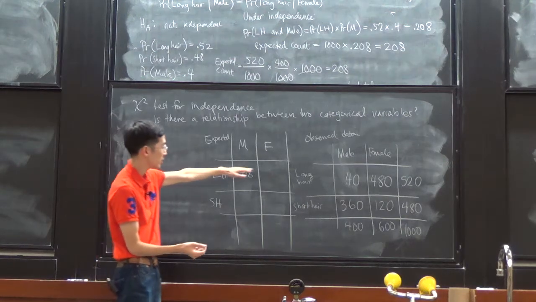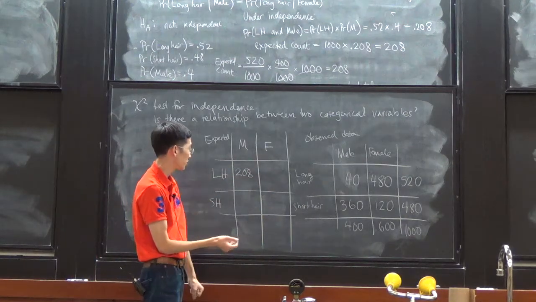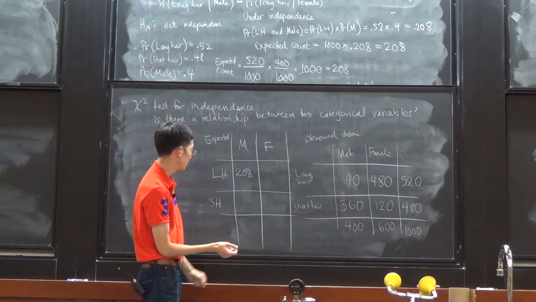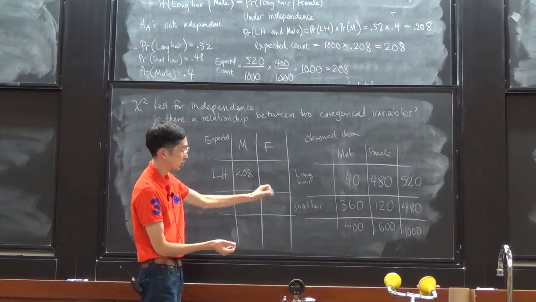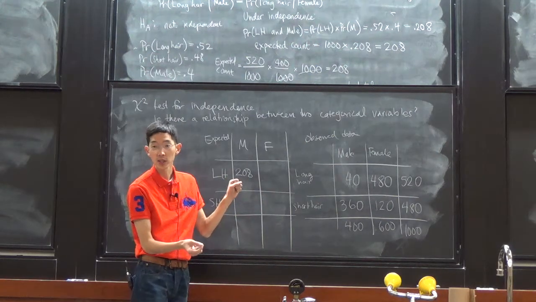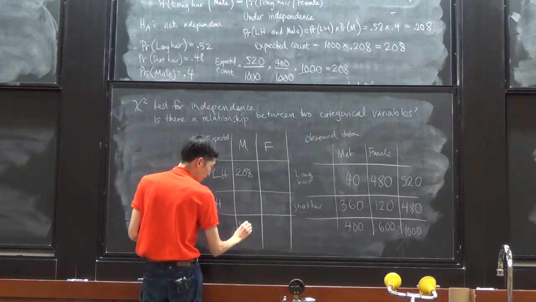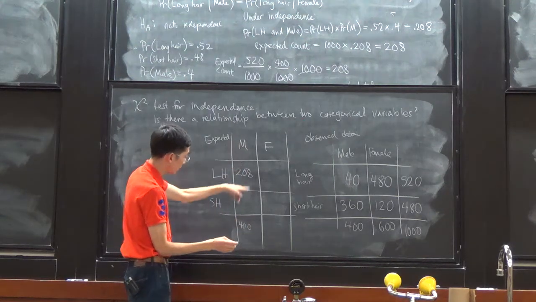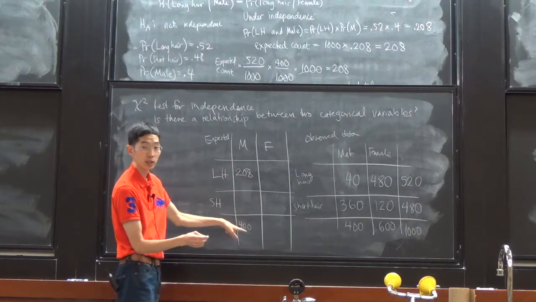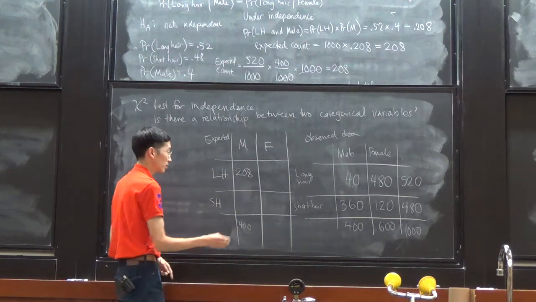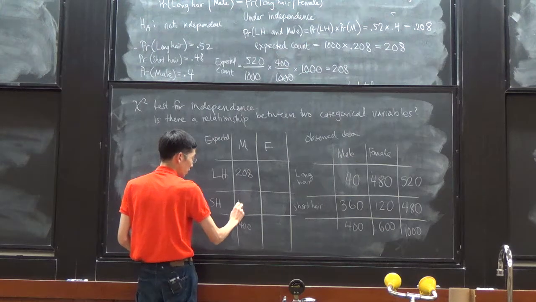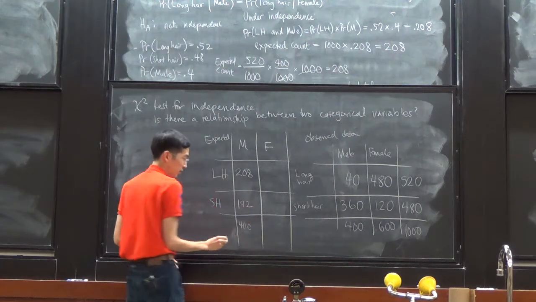I can go through the process and find the total number of long-haired females, short-haired males, and short-haired females. Well, one thing is that we know that the total of males has to be 400. So if I have 208 here, that means I have to have 192 there.